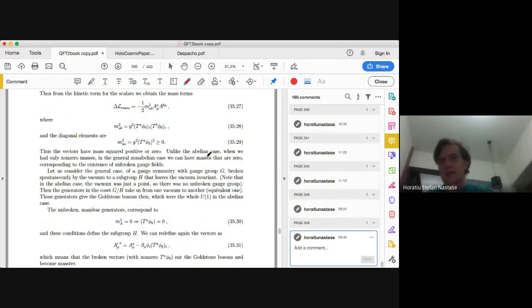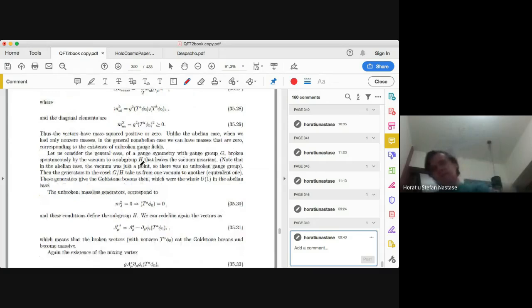In the Abelian case, we had only one vector, and that became massive. But in this case, there are several gluons corresponding to the various values for A. And in general, we can have some of them be 0 and some of them be non-zero. So the ones that are 0 correspond to unbroken gauge symmetry.